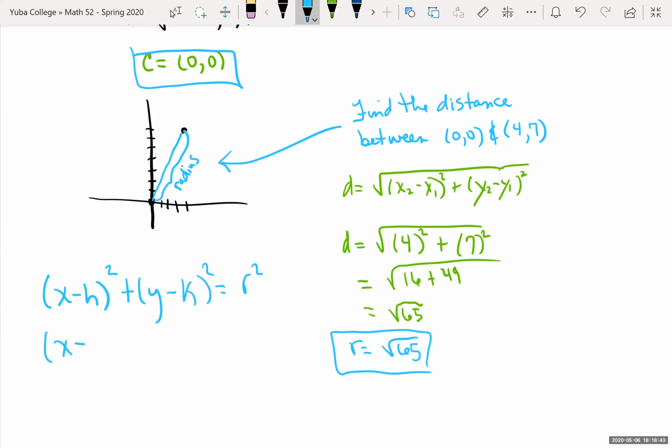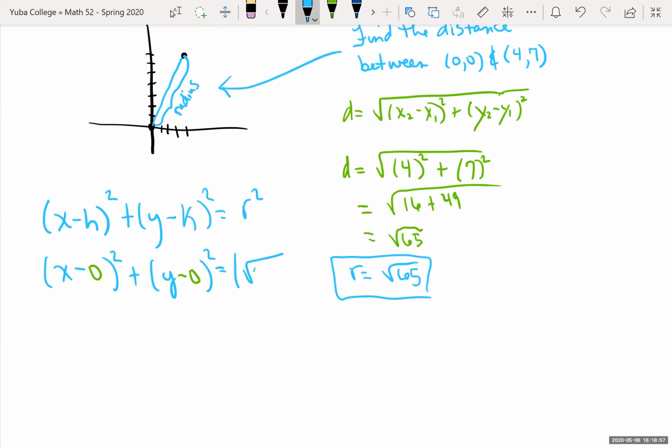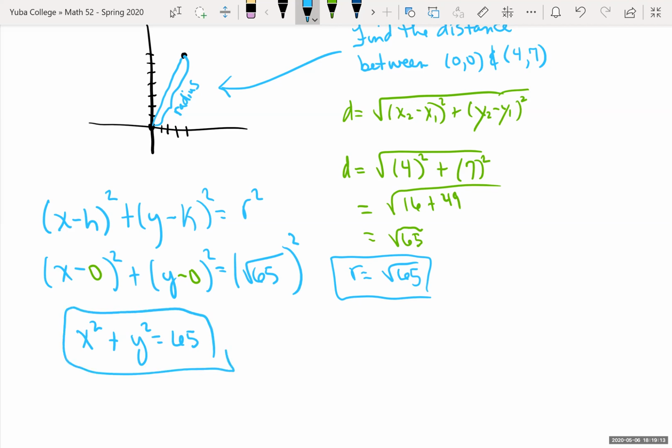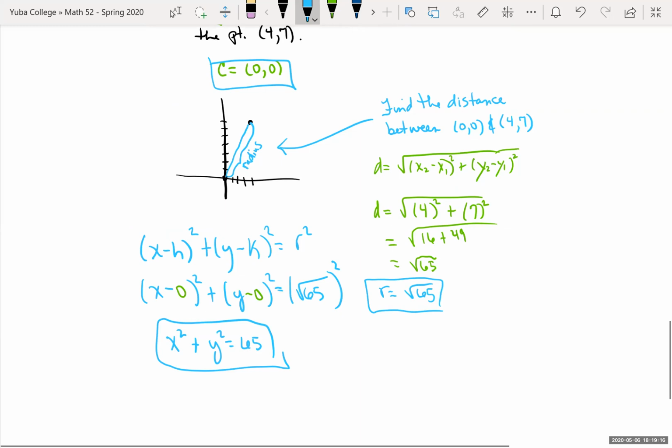So I have (x minus 0) quantity squared plus (y minus 0) quantity squared equals r, the square root of 65, quantity squared. So x squared plus y squared is equal to 65. So we found the equation of the circle given the following information.